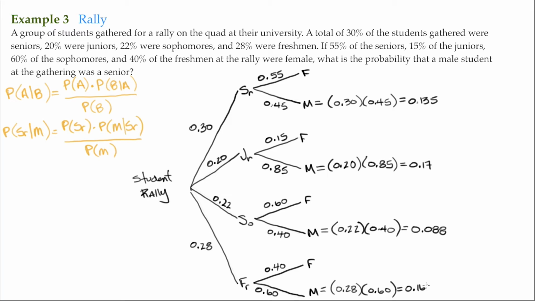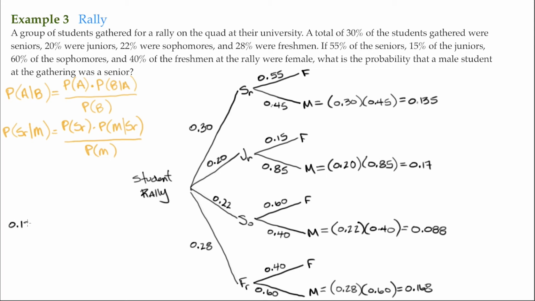That's 16.8%. So this is the probability of being a male here, or here, or here, or here. So then if that's the probability of being a male, we're going to add all that up. Don't forget we're saying or. You could be this one, or this one, or this one, or this one.